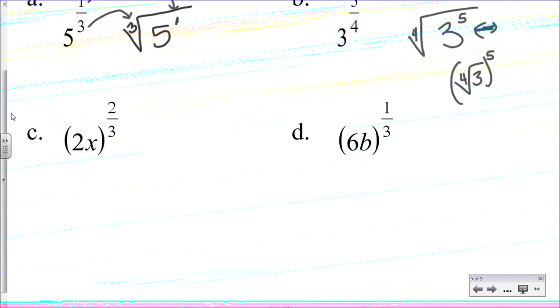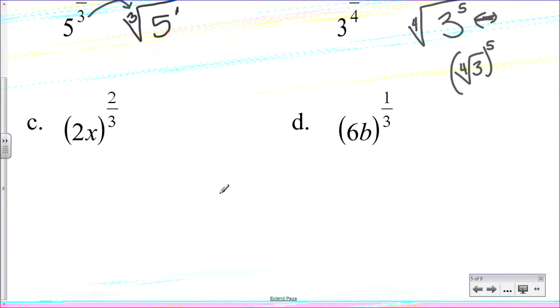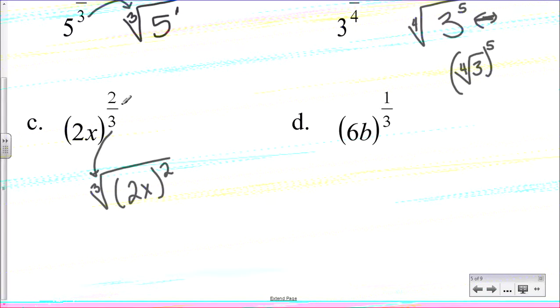When you look at the bottom 2 on this page, there are parentheses there. So when you fill this in your radical, make sure you put the parentheses there still. Numerator becomes my exponent, denominator becomes my index. Okay, last one.